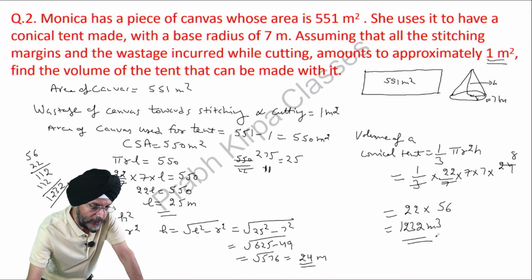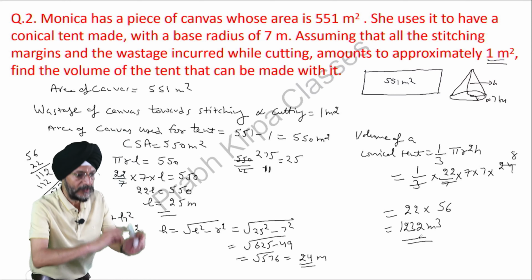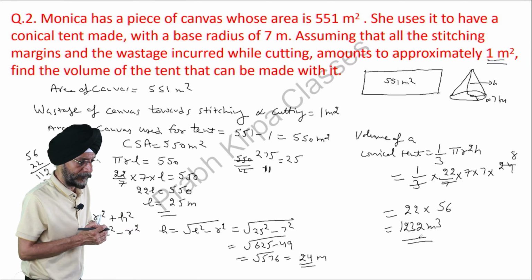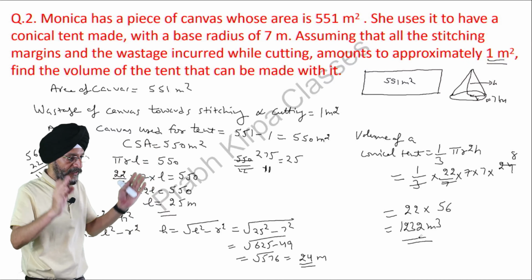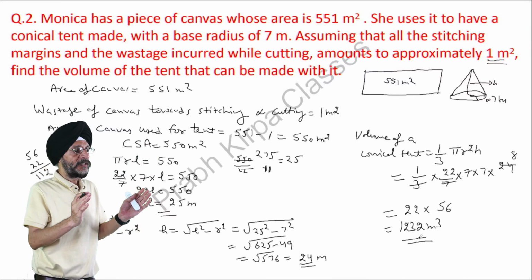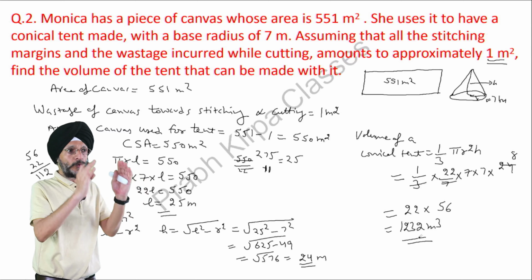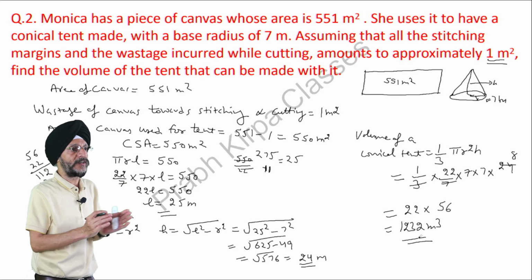So we will now wrap up this question. We have now found out the answer. We will again explain what happened. A canvas has been given to us, and we have to use that canvas for making a conical tent.